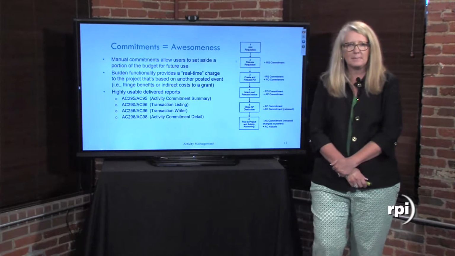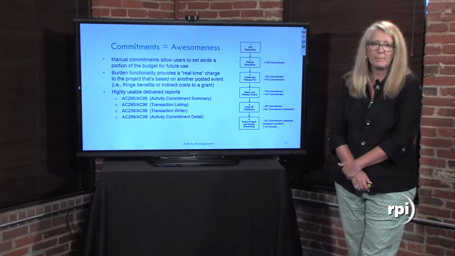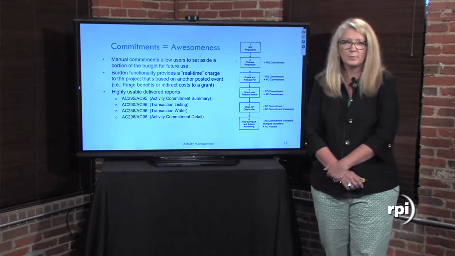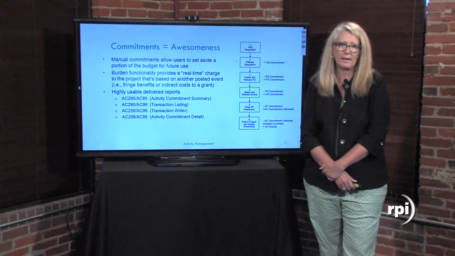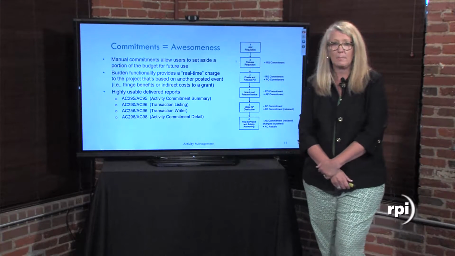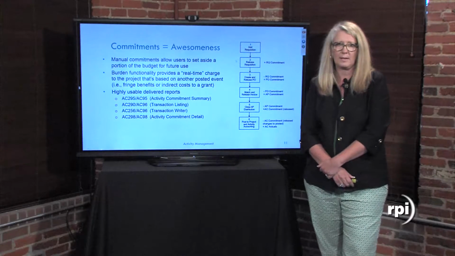I'm going to talk about commitments a little bit and how awesome they are. You can have manual commitments that you create where a user can manually say, I want to set aside a certain dollar amount, and I can create a manual commitment. I also can create commitments from my requisition, as well as my PO, as well as from AP.